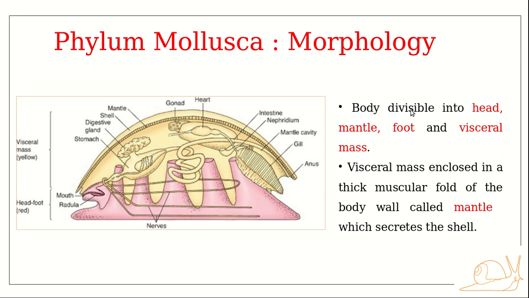Together, you can see head, foot and visceral mass. These are the major divisions the body is divided into. Here you can see this is the head and foot region, and this is the visceral mass, which protects the viscera, the major organ systems inside.